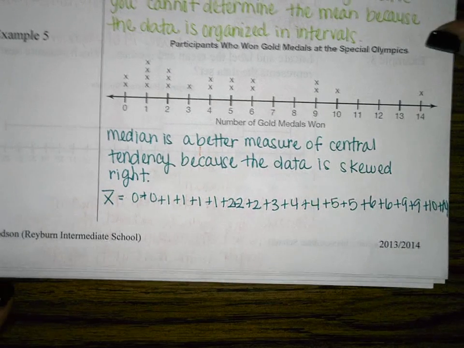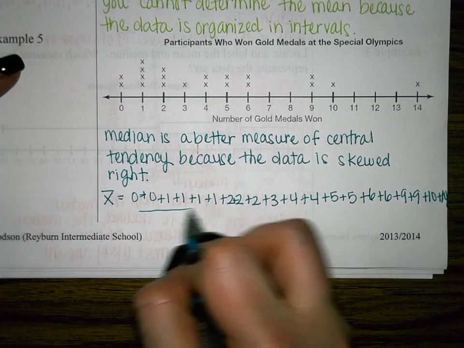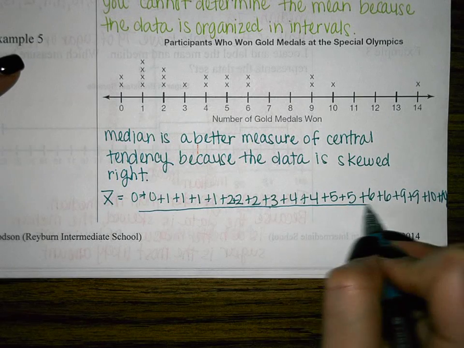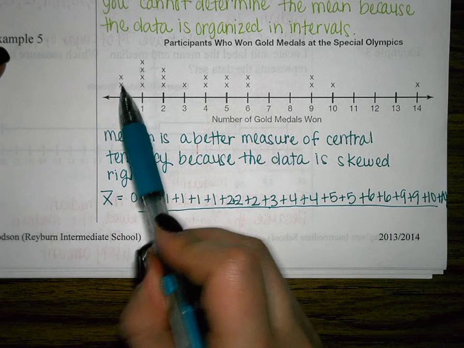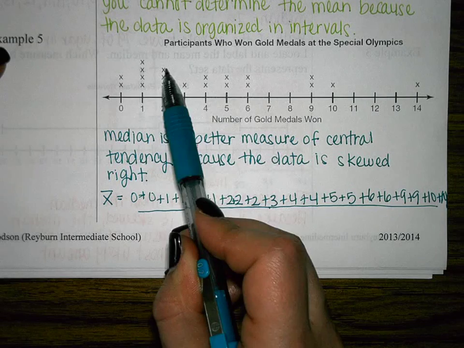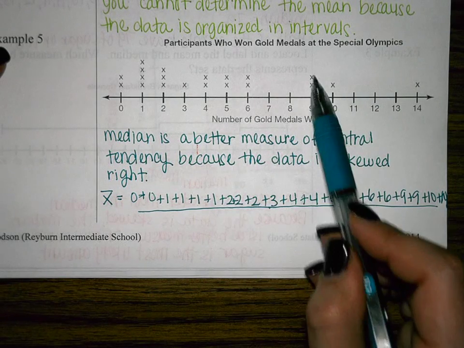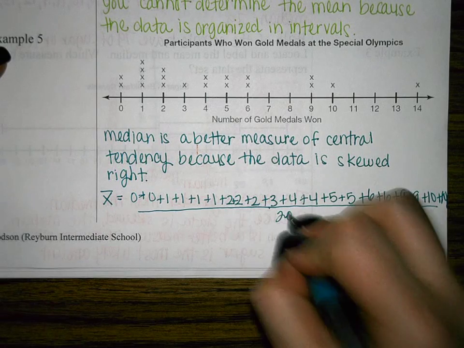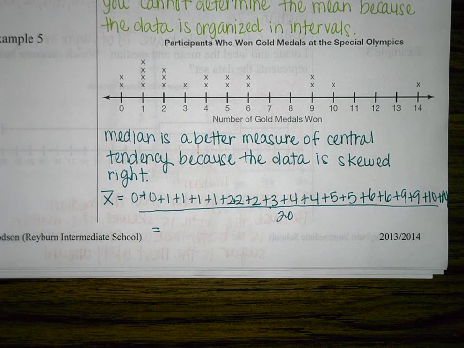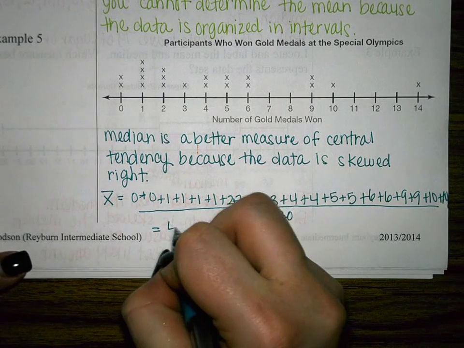You take all of those and divide by how many participants there were, which was 20. Do that math for me really quick. You should have gotten a mean of 4.25.